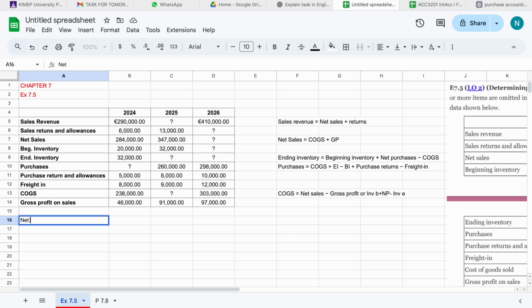For the amount of purchases, we are going to use the formula of the periodic system for the cost of goods sold. First of all, we have to have the formula of net purchases that I'm writing right now, and then we are going to convert this formula into the purchases formula.